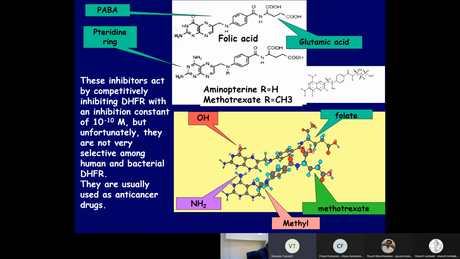So the binding site is already occupied by methotrexate, because methotrexate has a very high inhibition constant, 10 to 10 molar. You see here, 10 to 10 is like a toxin. This high inhibition constant is due to the ability of methotrexate to give an additional hydrogen bond with an aspartic residue present in the binding site.